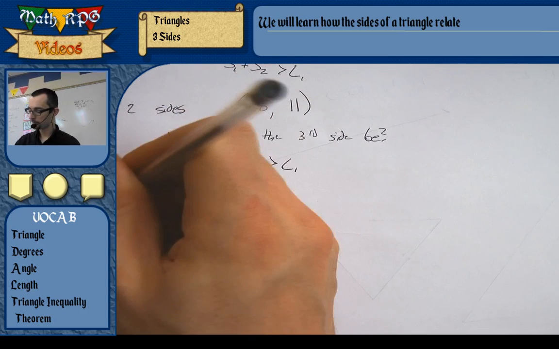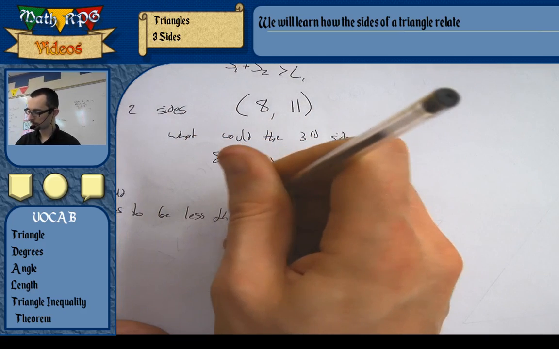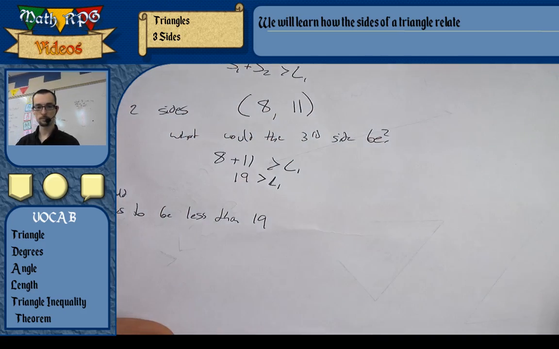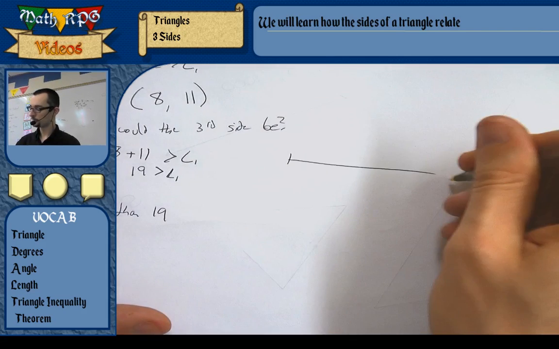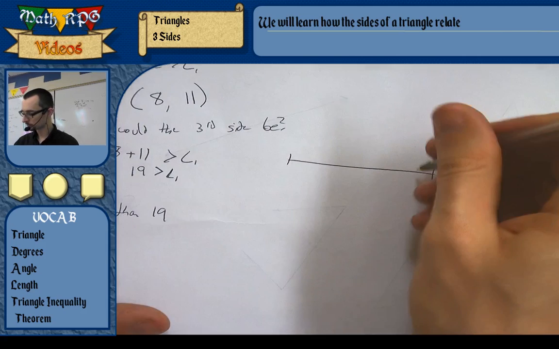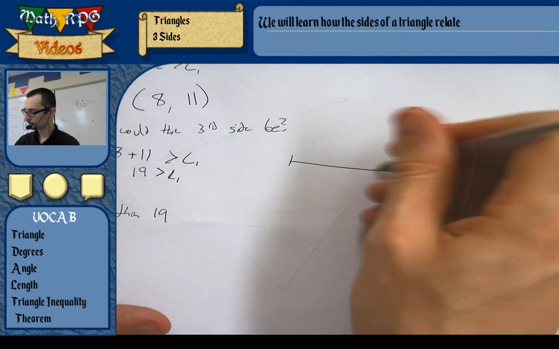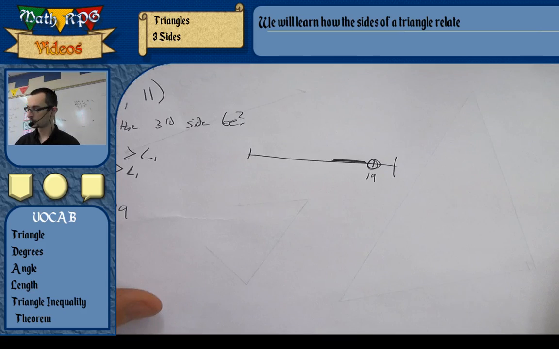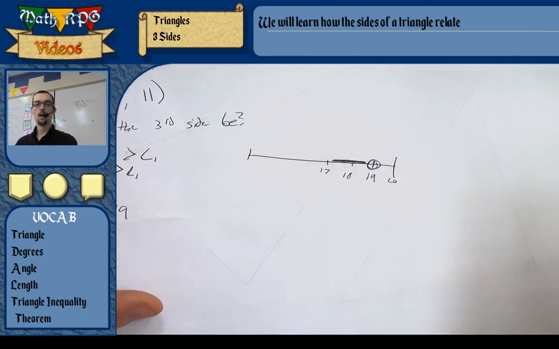I do it on a number line. Open circle, shading to the left at 19. There's 20, there's 18, there's 17.